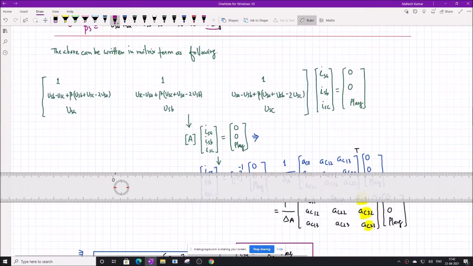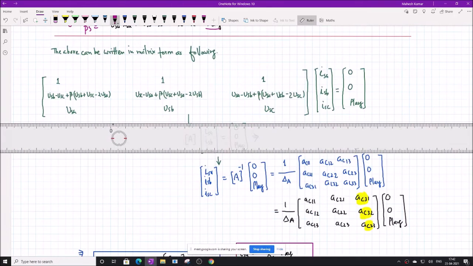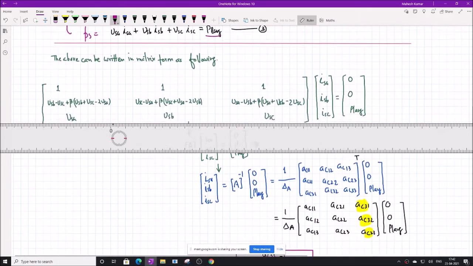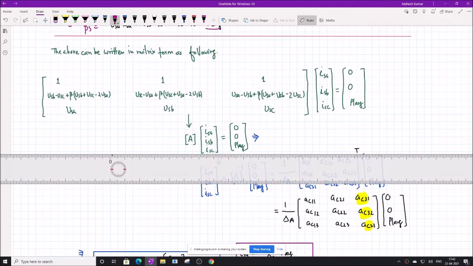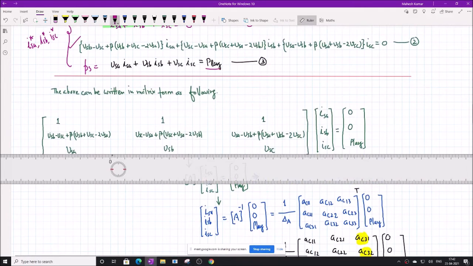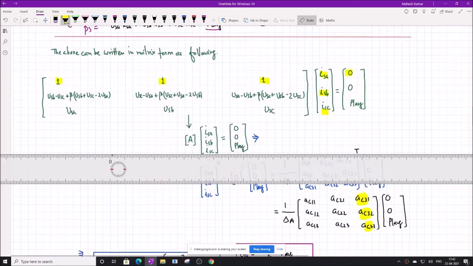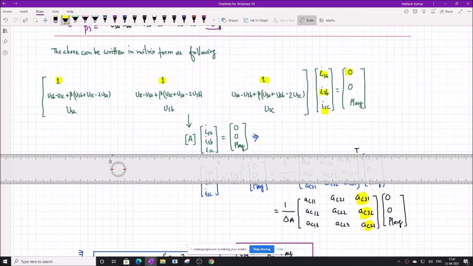So these 3 equations can be written in matrix form. You can see here these are written in matrix form. One is ISA plus ISB plus ISC must be equal to 0. So this is the first one: 1 into ISA plus ISB plus ISC, this multiplication equal to 0. And then the second row into this column.